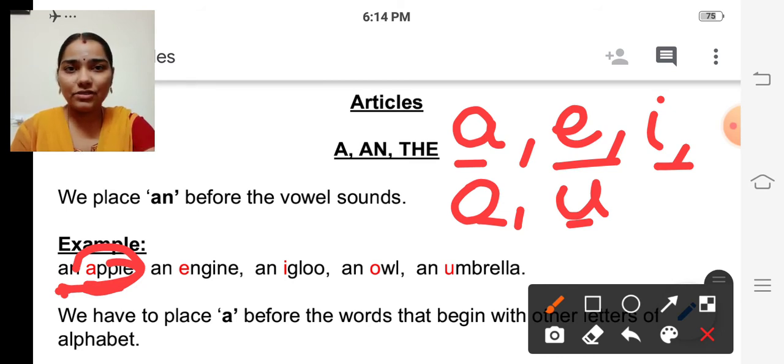Engine starts with the letter E, a vowel, so we place an before engine.